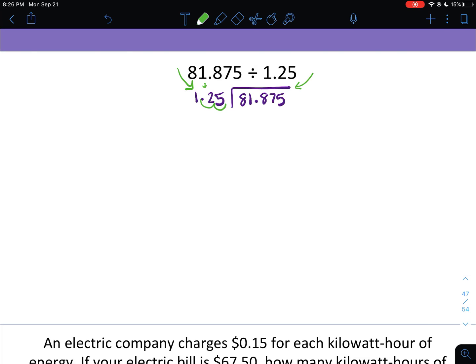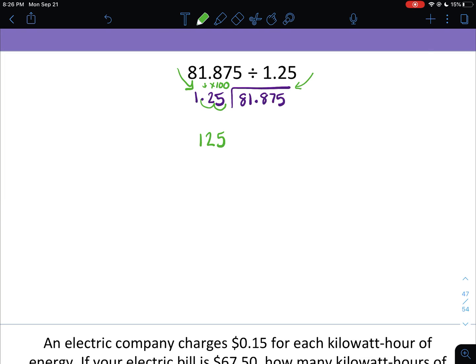So I need to move this decimal 2 times to the right to get it out of here. That would be 2 zeros. So I'm going to multiply that by 100, and it will become 125. I just moved the decimal 2 places to the right by multiplying by 100.